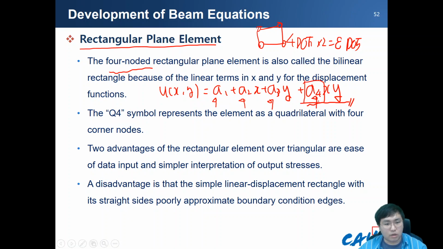We usually call this the Q4 element, and it will be slightly different compared to the triangle element.